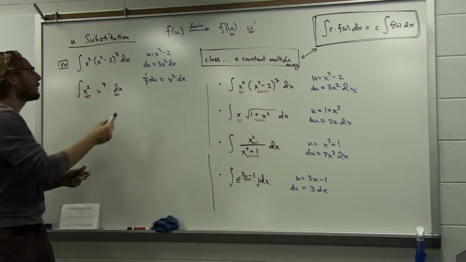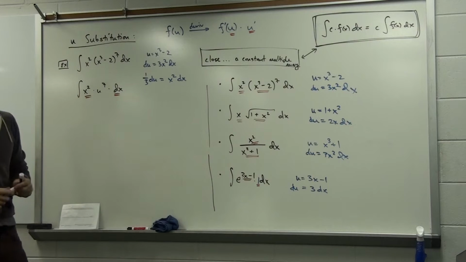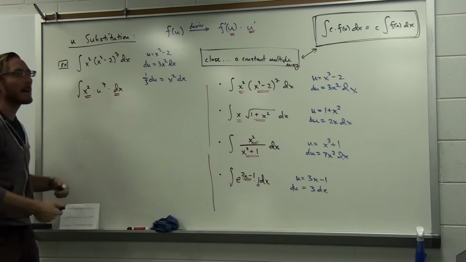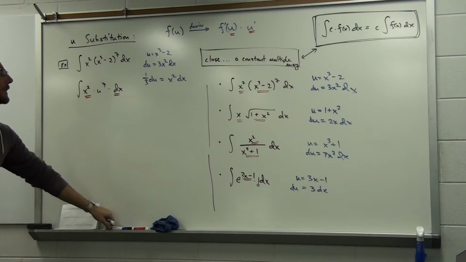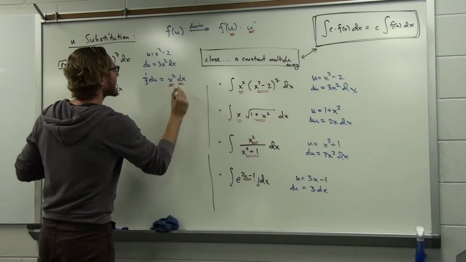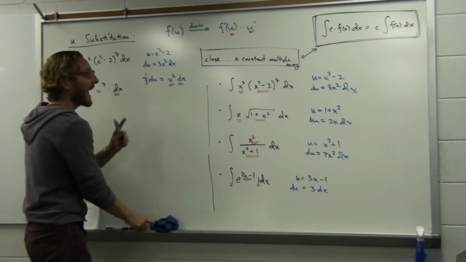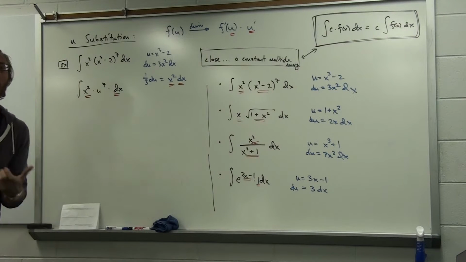Because you see, what we have here is 3x squared. What we want is x squared. And if you have 3 times what you want, then you just divide by 3 or multiply by a third. Well, the long story short is now the x squared dx, which we were after, we have. We know precisely what x squared dx is. x squared dx is 1/3 du.